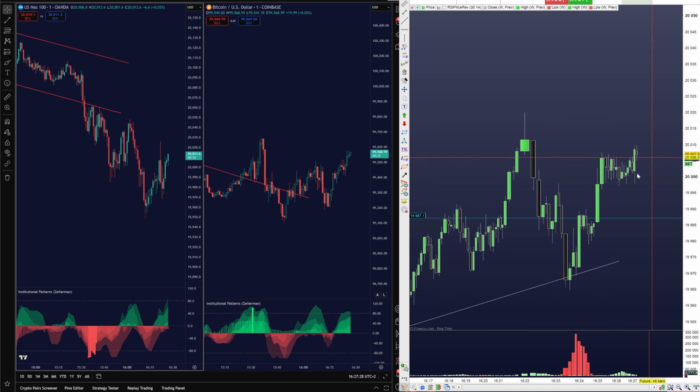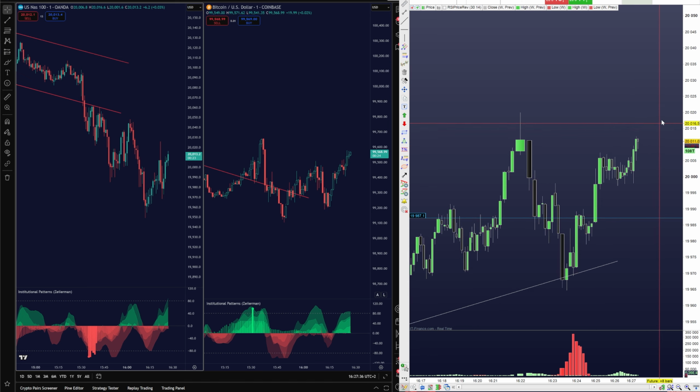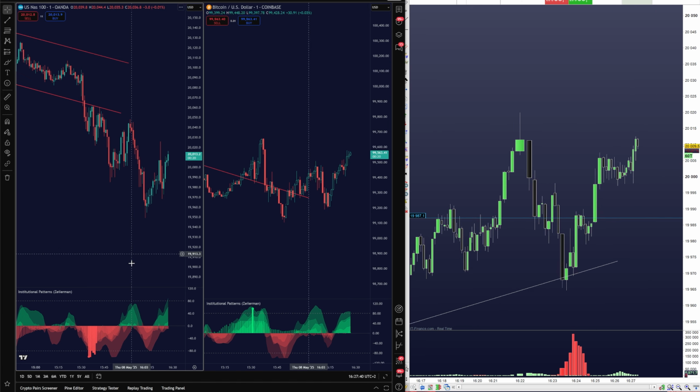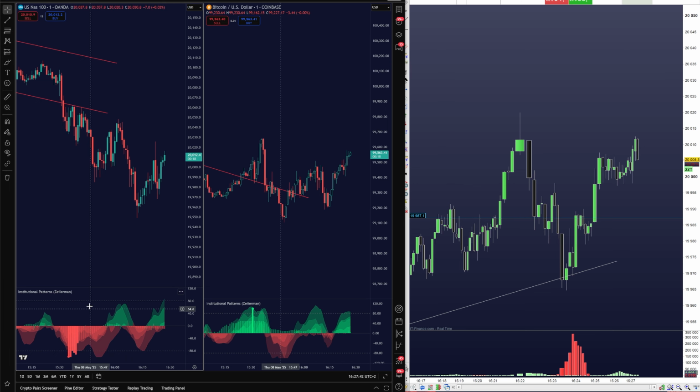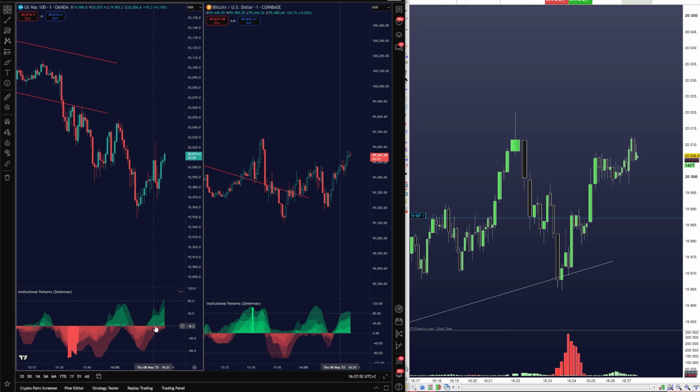There we go, a little bit of positive sign, breaking internal high. All right, there we go, a new high was made. And if we look at the institutional pattern indicator in TradingView, we can see that the positive momentum is going stronger and stronger, and we can see how the long-term money flow is starting to shift bullish right now as well.